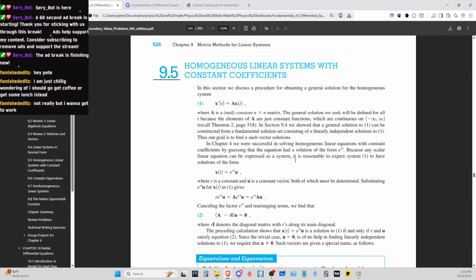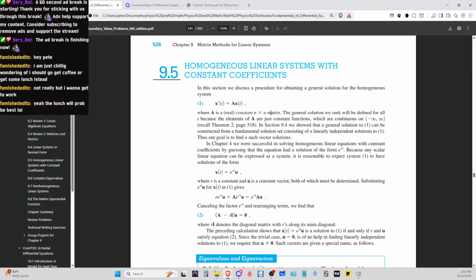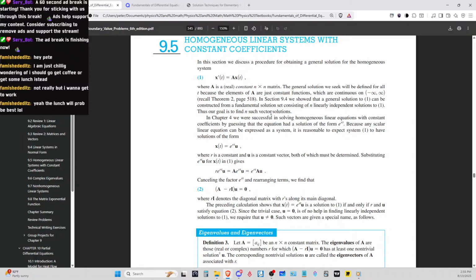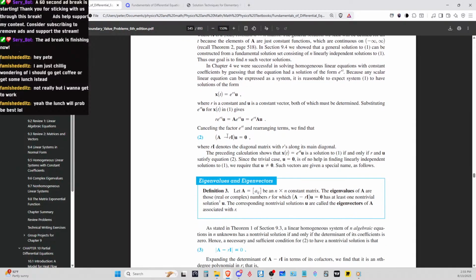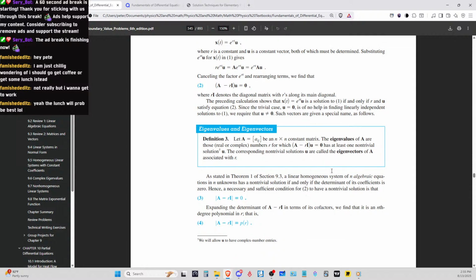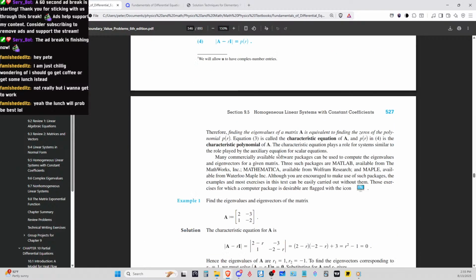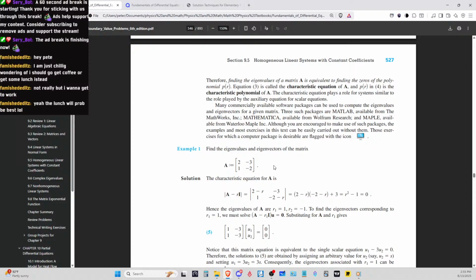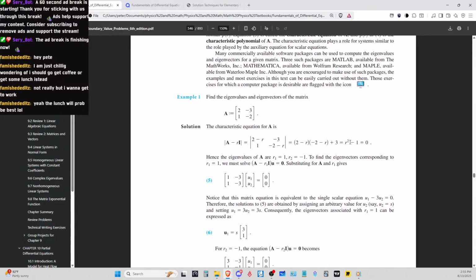Okay, so let's take a look at this. Homogeneous linear constants. Yeah, the lunch will probably be best, because you don't want to go working on an empty stomach. Okay, so it's similar to the way we arrange vectors and matrices. But how do you do that with, okay, here we go. Eigenvalues and eigenvectors. Yeah, that's practically the definition we got. Corresponding to non-trivial solutions, U, are called eigenvectors. Okay. So we got a matrix A. Yeah, this is what we got used to.